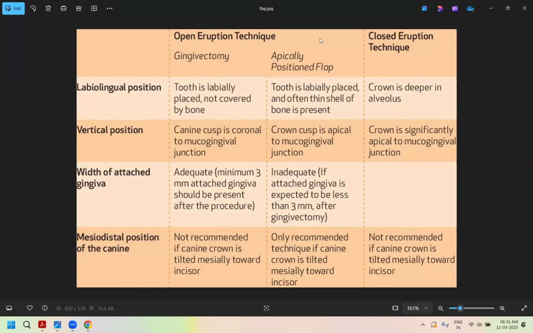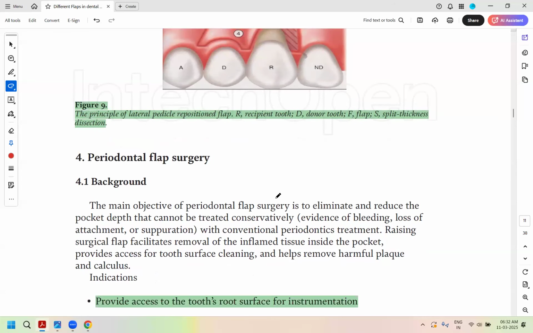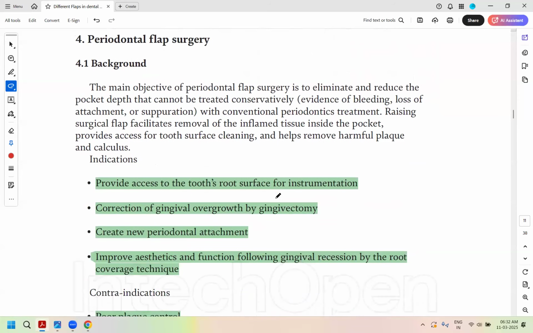Now if the ADC, as it brings newer questions, shows you the level of the canine on OPG and asks whether it would be an open eruption technique or a closed eruption technique, would you be able to answer based on the position of your canine and its relationship with the occlusal level? That's how you decide your open and closed technique for canine eruption.